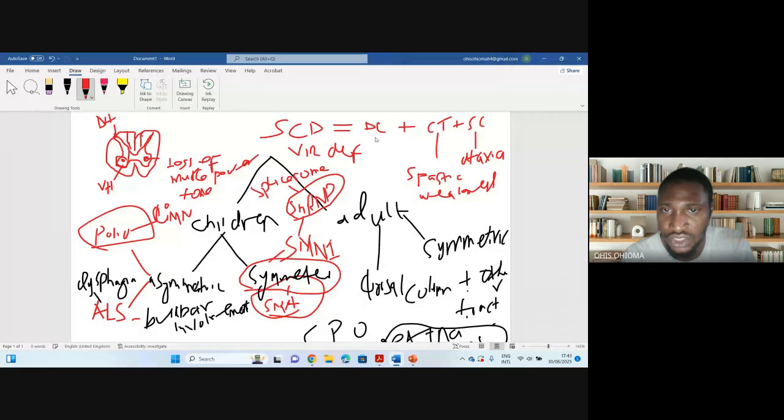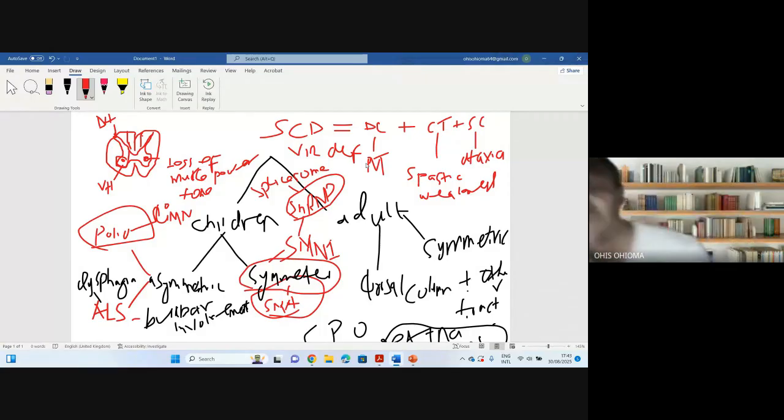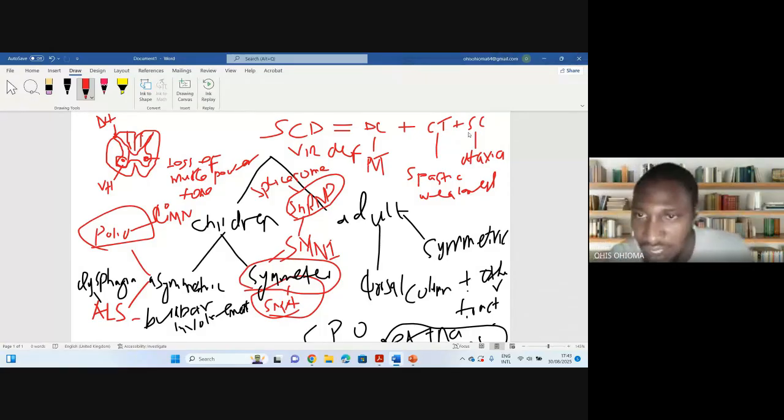In addition to the loss of the PVT symptoms. When you see these three in a question, the patient is having PVT loss, spastic weakness, and ataxia. This tract here is the spinocerebellar tract. Yes, it affects it sometimes.